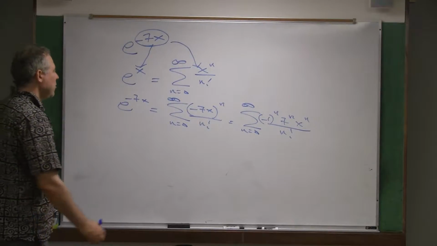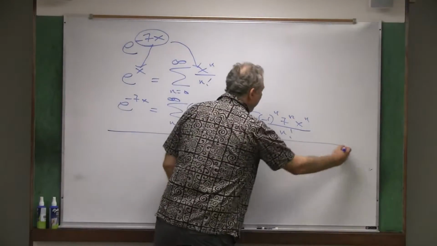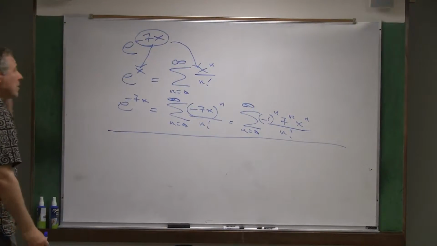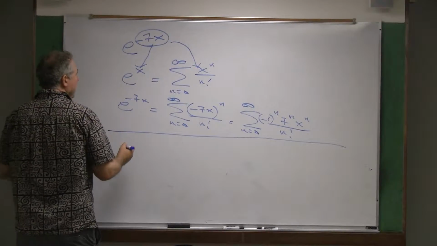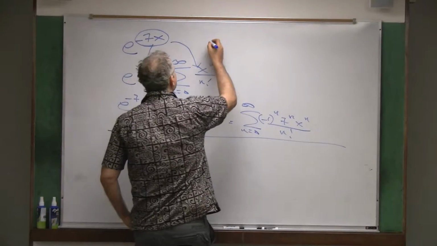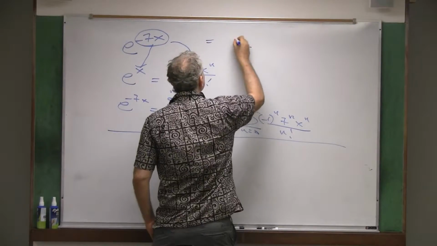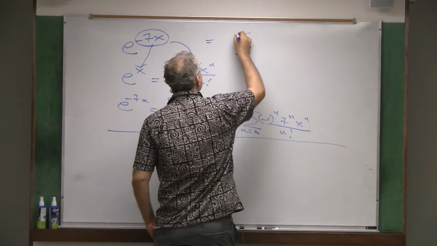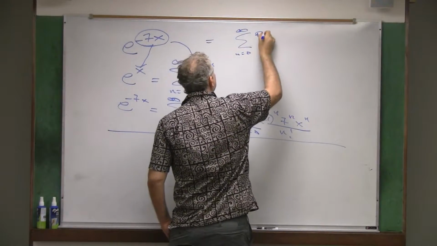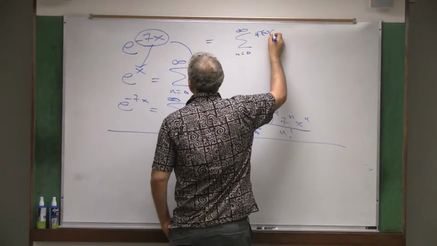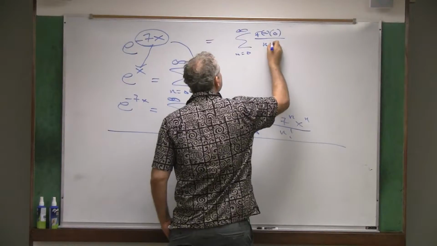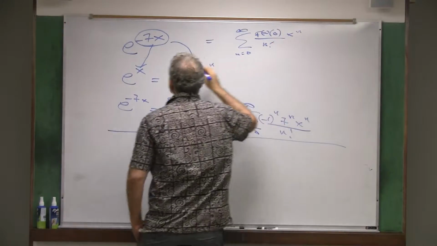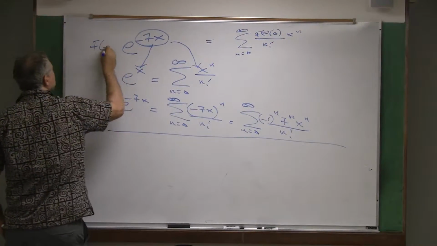Now the other way to do it would be the pattern way, so you would make your columns again, and you would say, well, we know this is going to be a sum from n equals 0 to infinity of the nth derivative of f at 0, the Maclaurin series, over n factorial x to the n, where this is f of x.